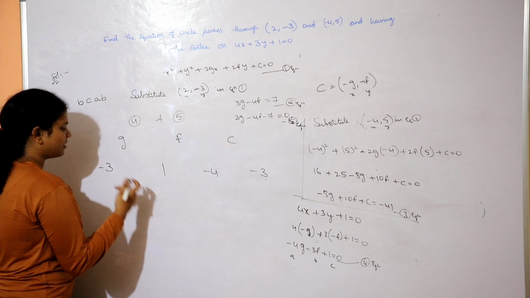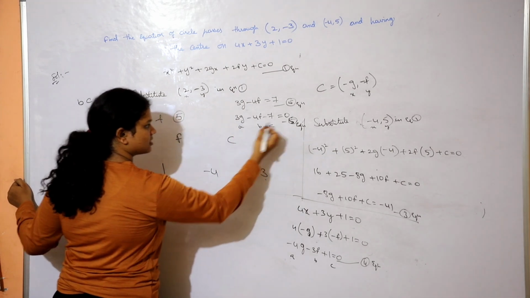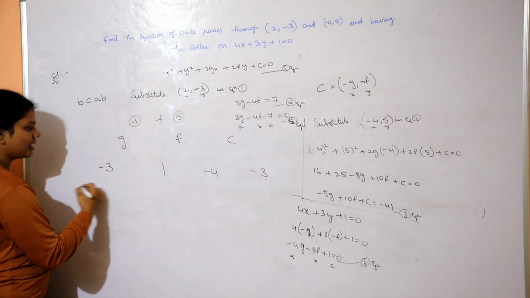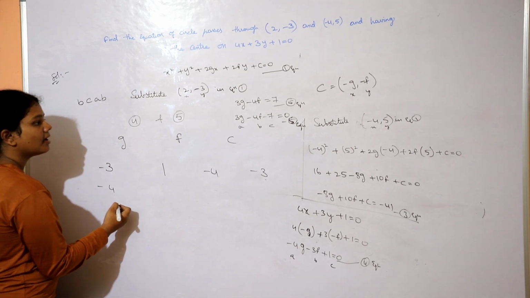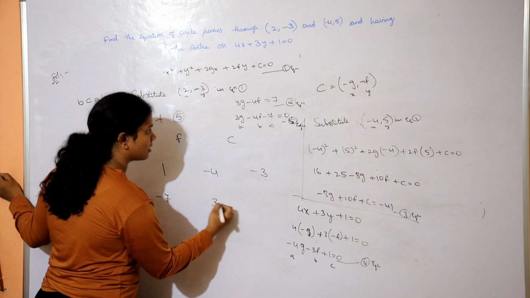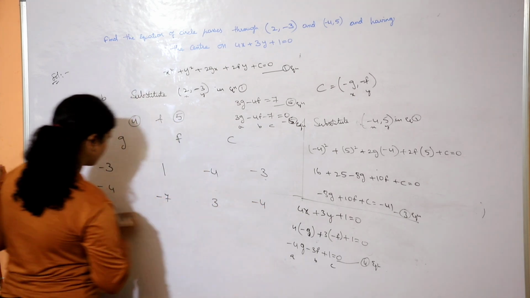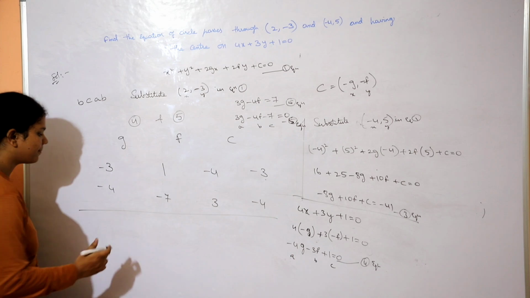Now here I have the 5th one, same as it is. Again b, c, a, b. This is the form of a, b, c. Now you take b as minus 4, c as minus 7, a as 3, b as minus 4. Clear? Clear till here?